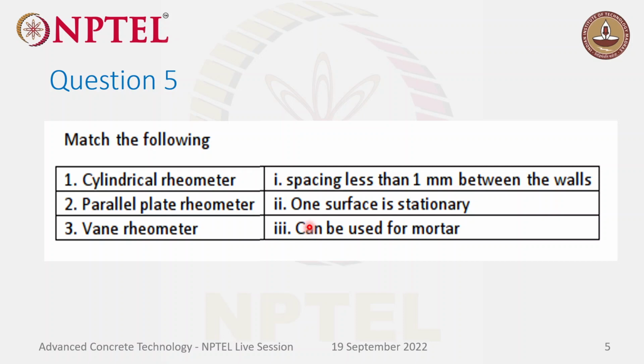They have just adopted the method for cement paste as well, but it cannot be used to measure the rheology of cement concrete, because concrete has aggregates in it. If the spacing is less than 1 mm between the walls, then obviously it cannot be used for cement mortars as well, right? The maximum sand size is 4.75 mm, so obviously it cannot be used for cement concrete.